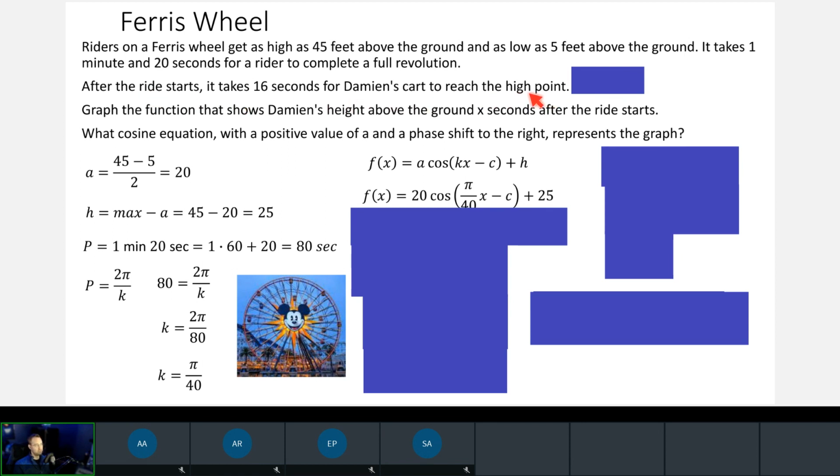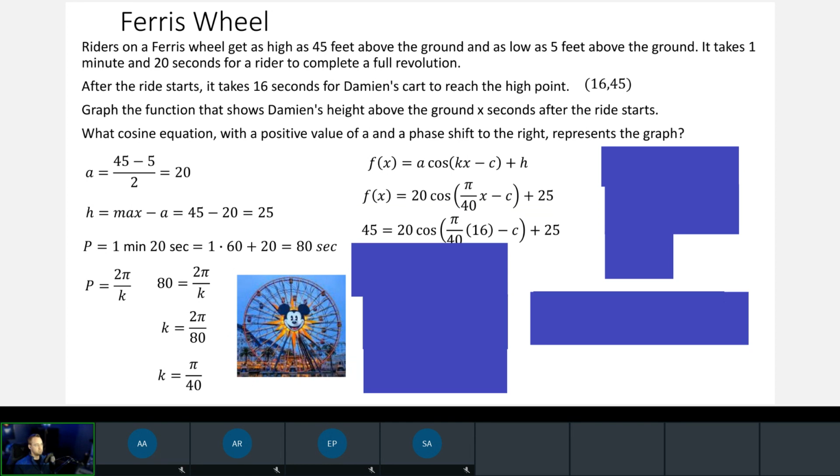So that means when X is 16, the height is the max, which is 45. So when time is 16 seconds, we're at the high point, 45. We're going to use that as the coordinate to find the phase shift.